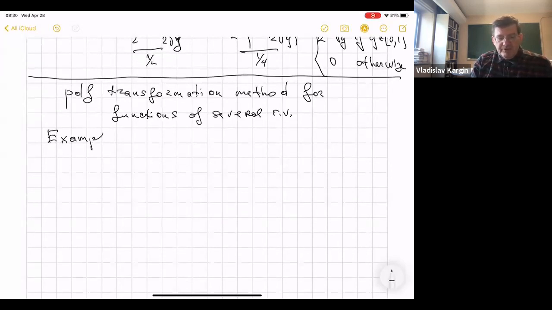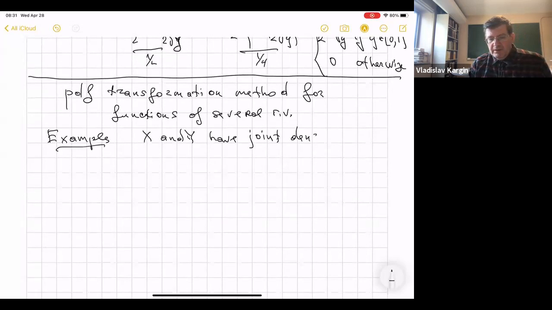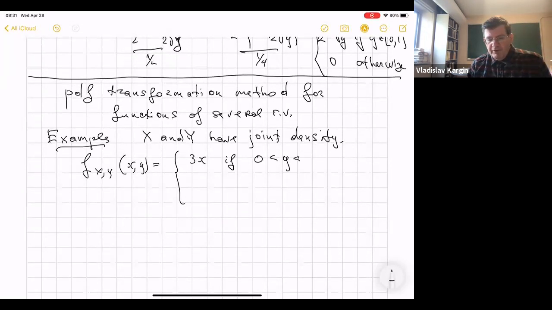In this example, X and Y have joint density f of x, y equal to 3x if 0 is smaller than y, smaller than x, smaller than 1, and 0 otherwise.